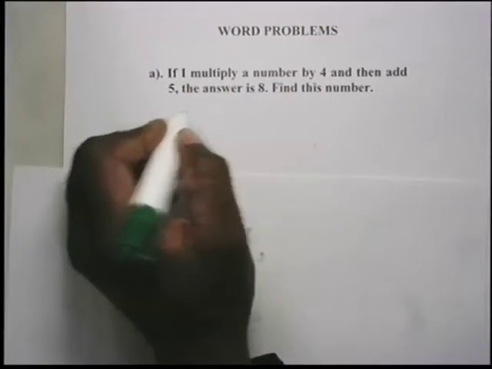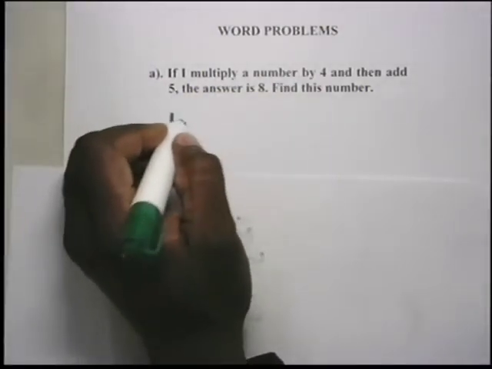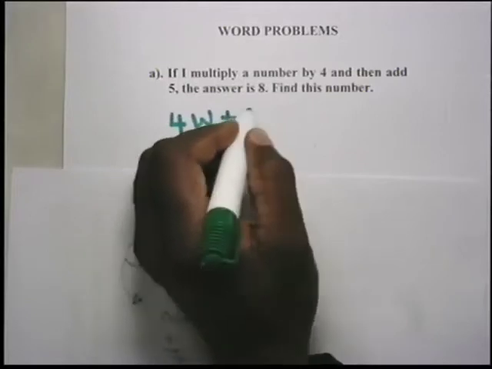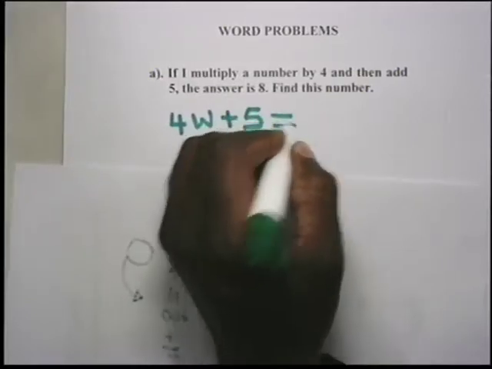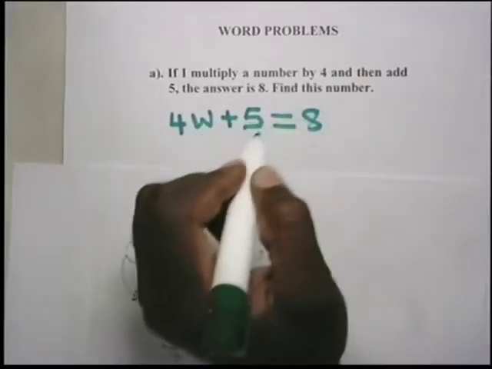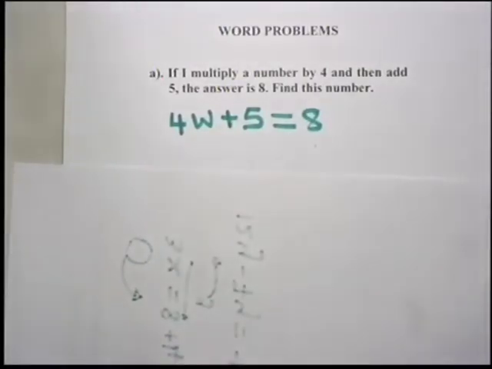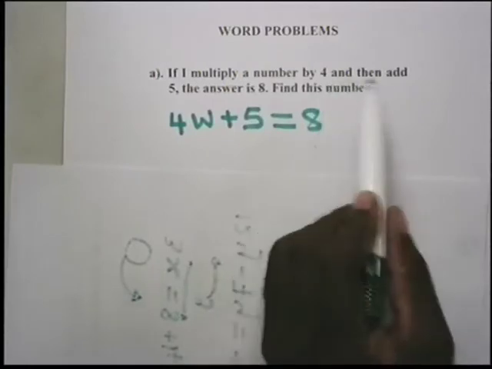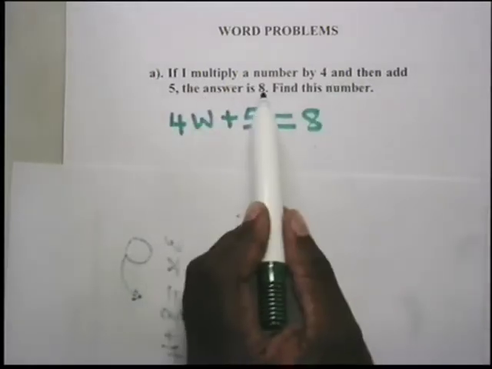So we multiply the number by 4, so it will be 4W if the number is W. Then add 5, and the answer that we produce is 8. So that is what we are told. Multiply a number by 4, then add 5, the answer is 8.